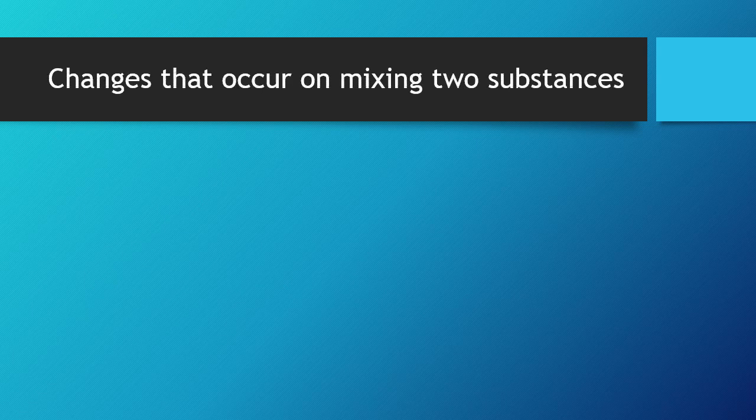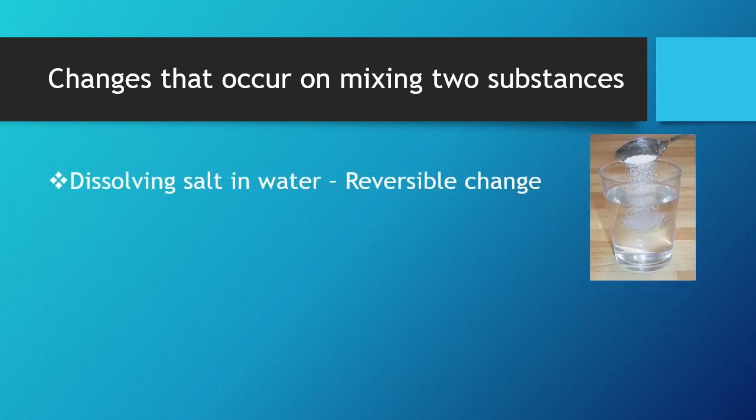Changes can also occur on mixing of two or more substances. Let us see how. Dissolving salt in water. What happens when you dissolve salt in water? Salt dissolves completely in water and it disappears. But can you get back salt and water separately again?